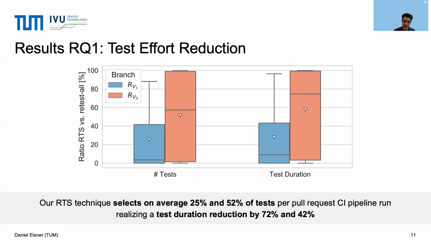For older release branches, in this case RV1, we select fewer tests. And this is somehow intuitive because we have smaller change sets and thereby naturally we can achieve bigger savings. We realized test duration reductions of 72% and 42% respectively. And this is by looking at the test reports and the reported test durations.